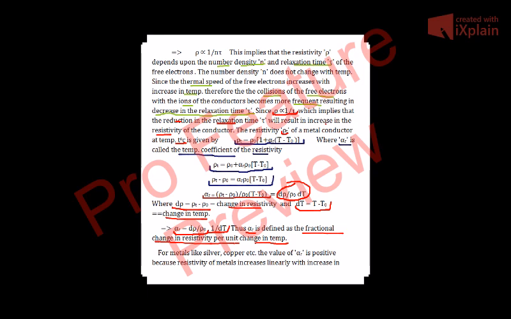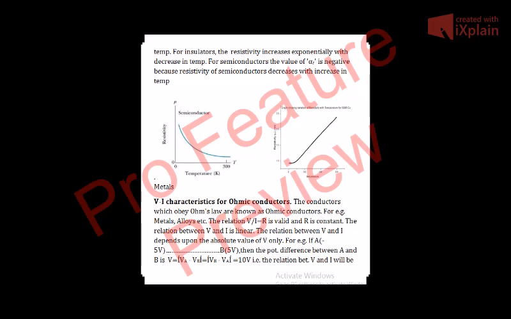For metals like silver, copper, etc., the value of alpha_R is positive because the resistivity of metals increases linearly with increase in temperature. For insulators, the resistivity increases exponentially with decrease in temperature. For semiconductors, the value of alpha_R is negative because resistivity of semiconductors decreases with increase in temperature.